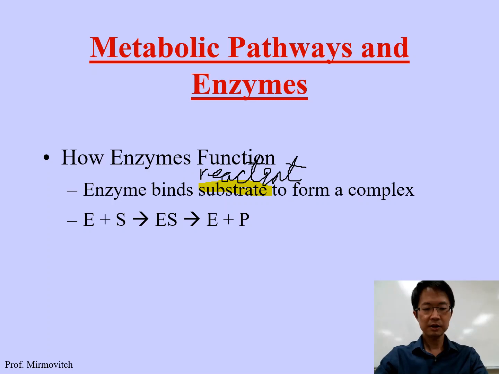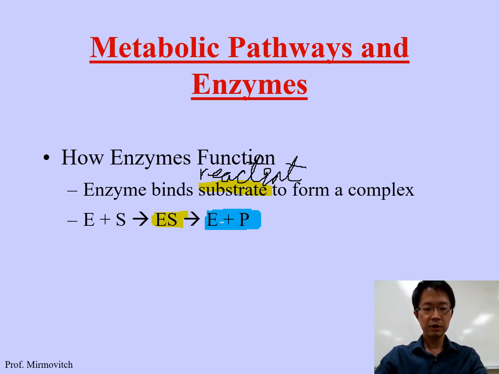The complex here we call enzyme substrate complex. After it forms the enzyme substrate complex, the enzyme will detach and release the product. So the substrate will become product now.